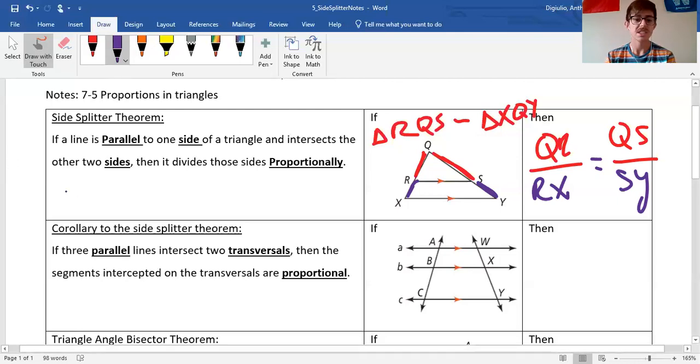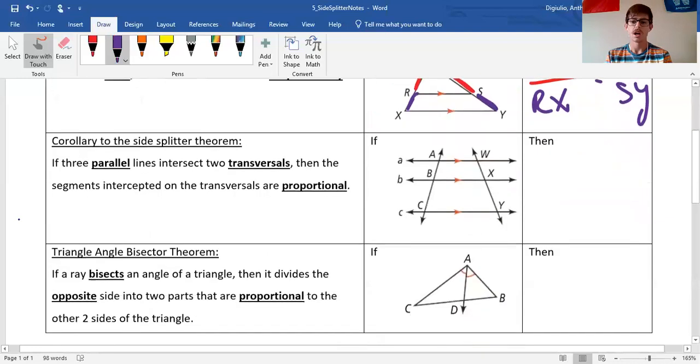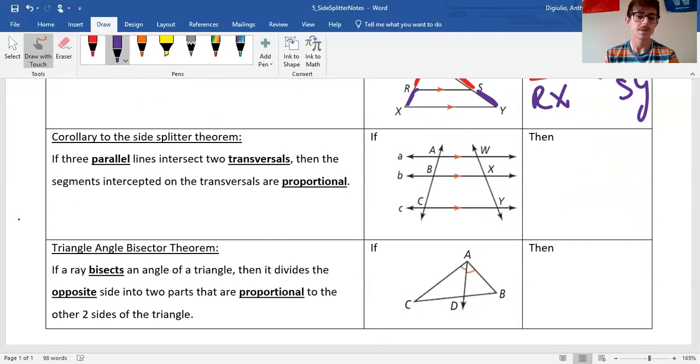It's going to be similar when we start looking down at the corollary to the side splitter theorem. All right, this one I'm going to breeze even a little quicker through, just kind of explaining it. But what we're saying is if we have three parallel lines that intersect two transversals, then the segments intercepted on the transversals are proportional.